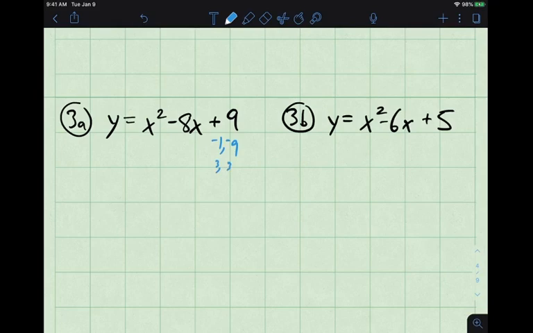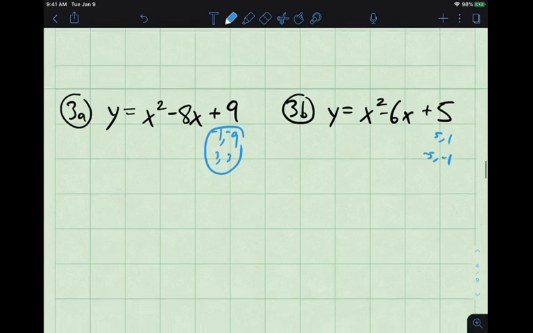Three and 3. Yeah, so for this one, from me listing out the factors, I can see that this one's probably not going to be factorable. This one is. So we'll come back to this one.